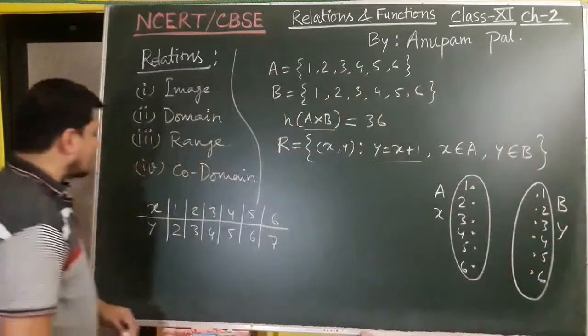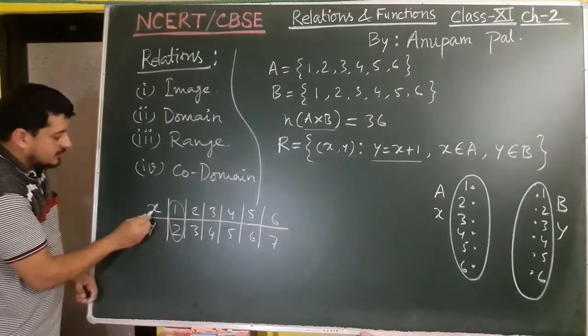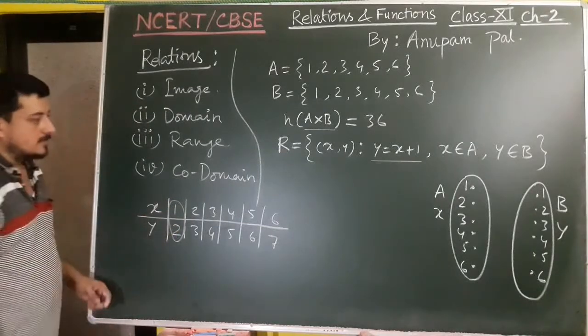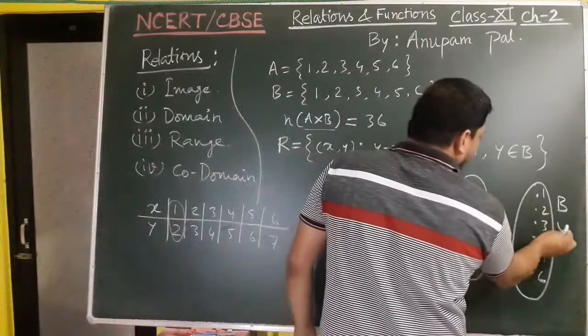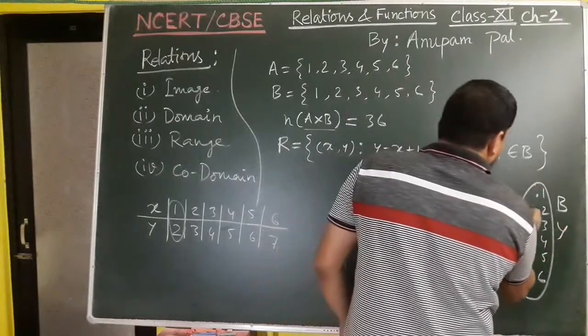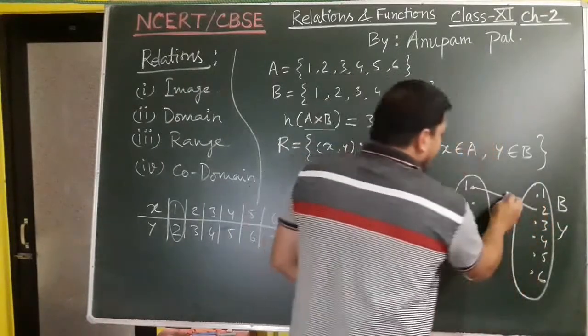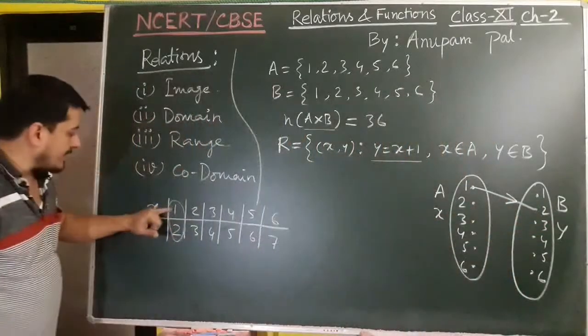Now you see, take this ordered pair, 1 with 2. X is 1, Y is 2. Since Y is a member of B, 1 is mapped to 2.